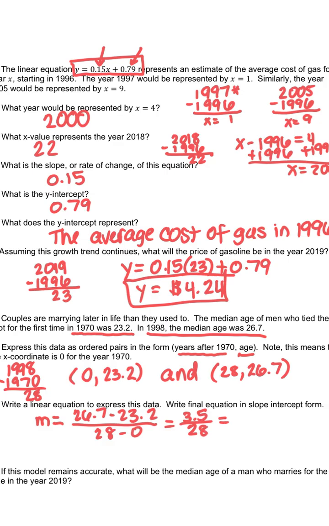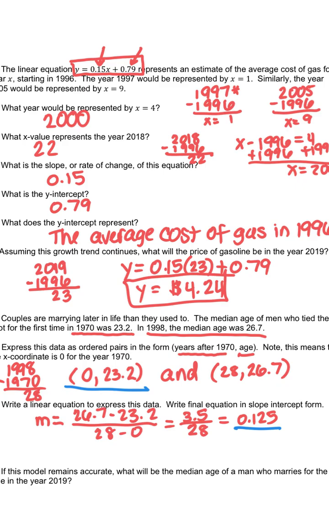So 3.5 divided by 28 is 0.125. So now we have our slope, and we are given a point. We have this point that we found. We'll use that 0, 23.2 and this slope.